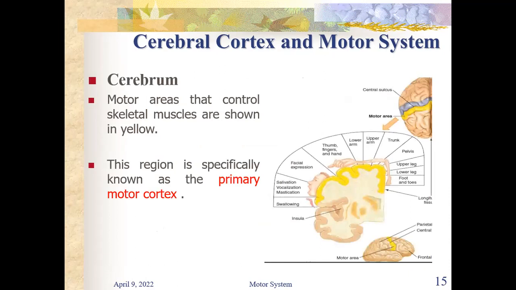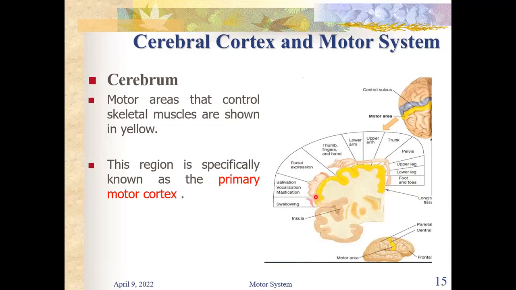Motor areas of the cerebral cortex are shown in this diagram in yellow. You can see the precentral gyrus, the primary motor area, which is area 4 of Brodmann. That region is specifically known as the primary motor cortex. You can see the somatotopic organization of the motor cortex, representing all parts of the body, from the medial aspect of the primary motor cortex to the most lateral aspect.